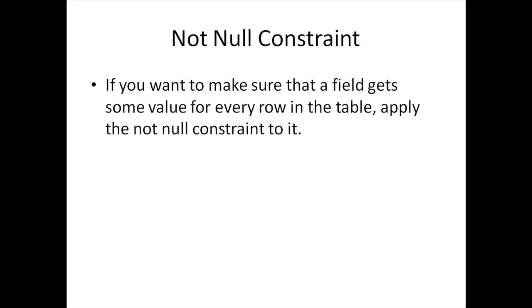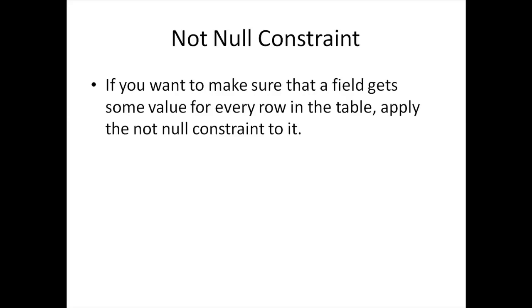If you're creating a table in which there's going to be a field that you want to have a value for each and every row in the table, then you would want to use a not null constraint with that particular field while creating the table. What I mean is, if you've got a table that's going to have three fields, let's say name, ID, and email address, and you would want the ID field to have a value for each and every row in the table, then you would want to use a not null constraint for it.